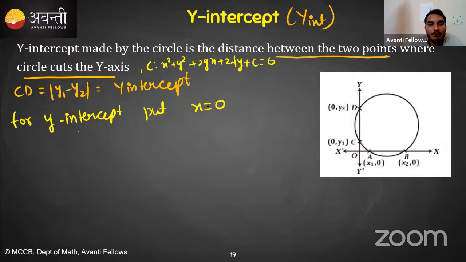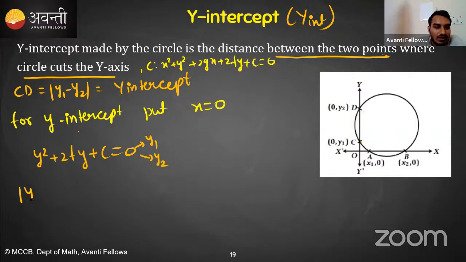So for the y-intercept, put x equal to 0. So what will you get? y square plus 2fy plus c is equal to 0. Our circle is intersecting at two points, y1 and y2, so these values should be obtained from this quadratic equation. Similarly, what is the magnitude of y1 minus y2?